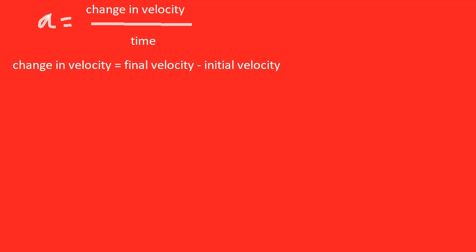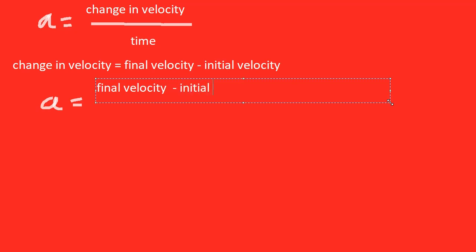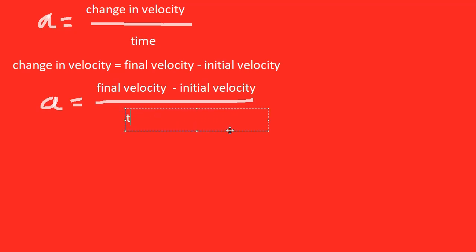The acceleration is equal to the change in velocity, which is written in this way: final velocity minus the initial velocity, divided by the time interval, that means the time taken by the body for that change in velocity.